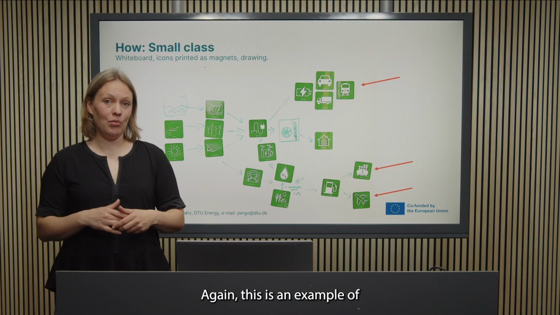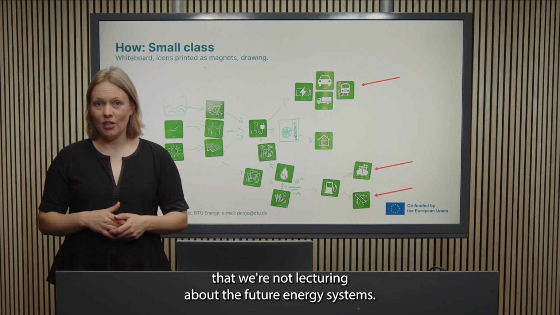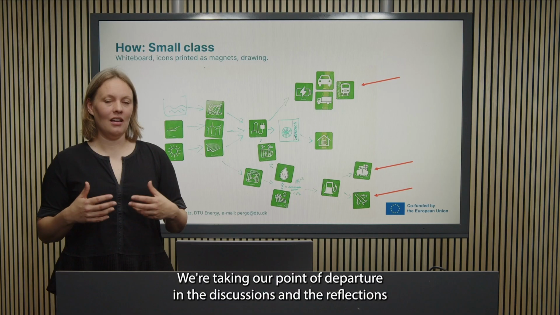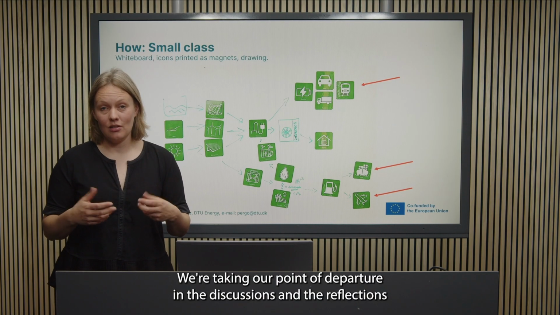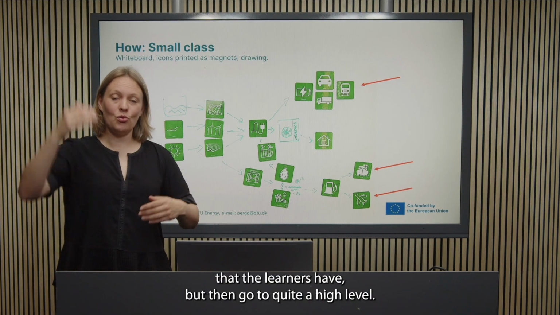Again, this is an example that we're not lecturing about the future energy systems. We're taking our point of departure in the discussions and the reflections that the learners have, but then go to quite a high level.